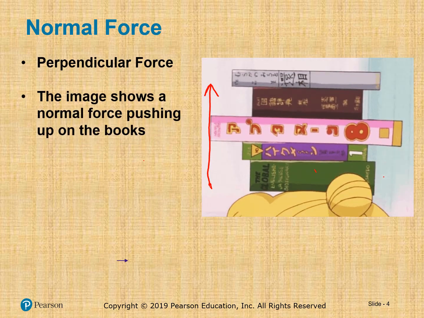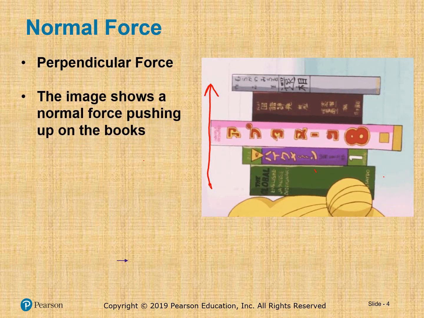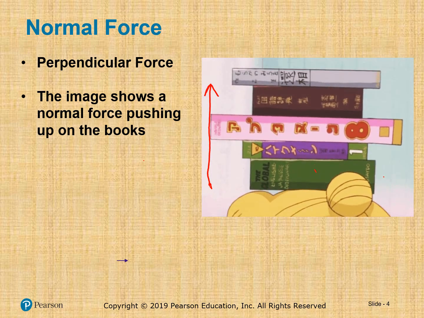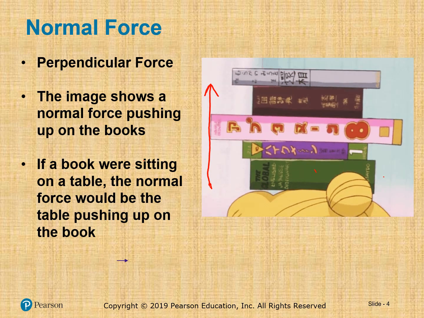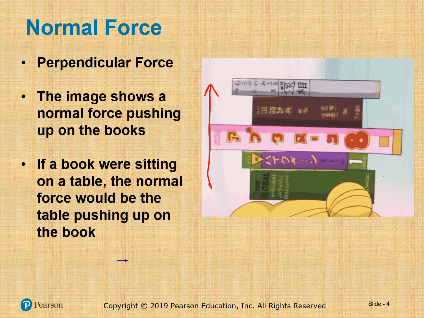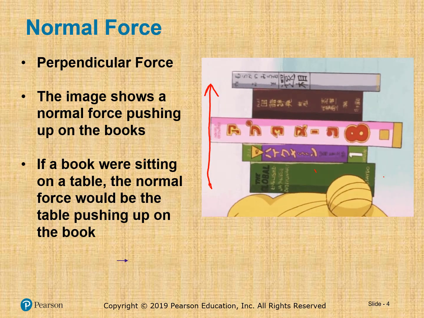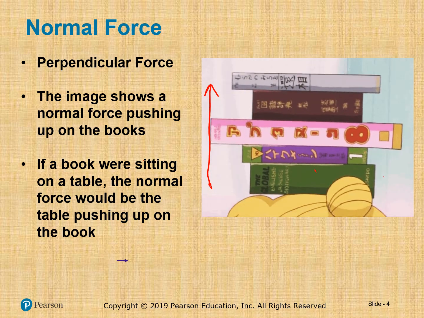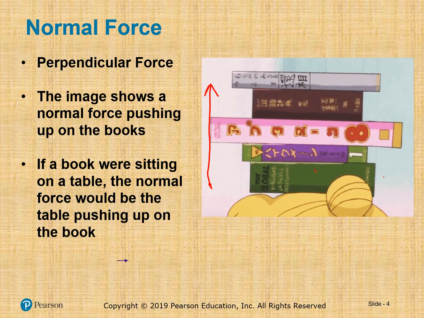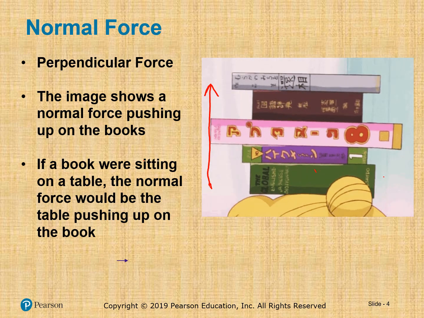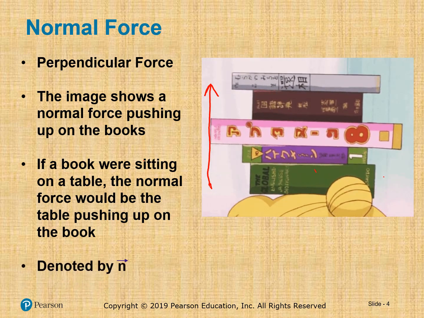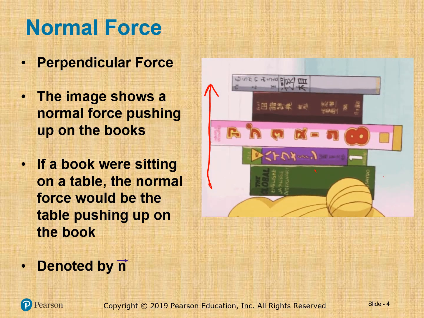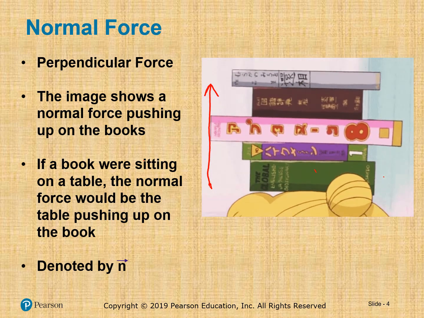The image shows a normal force pushing up on the books. If there was a stack of books sitting on a table, then the normal force would be pushing up on the books from the table. The normal force is denoted by a lowercase n with an arrow over it to show that it is a vector.